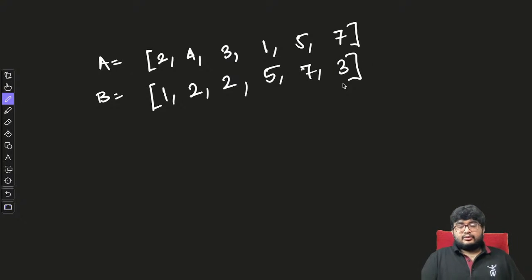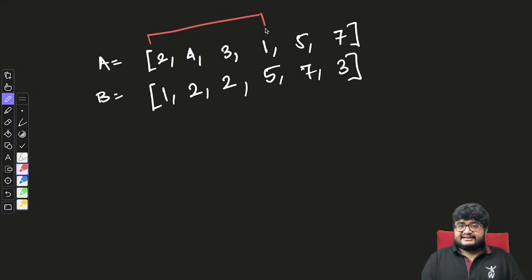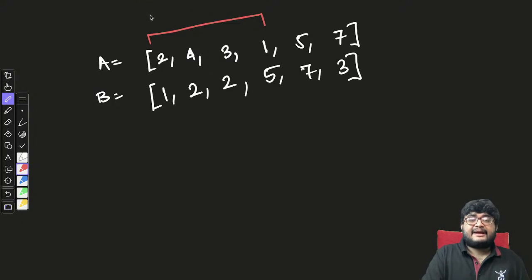What it tells us is that in a move, let's say you decide to take A and select this range. In a move you can select this range and increase all the elements by 1. So the array becomes 2 plus 1, 3, 4 plus 1, 5, 3 plus 1, 4, 1 plus 1, 2, and these do not change, 5 and 7.